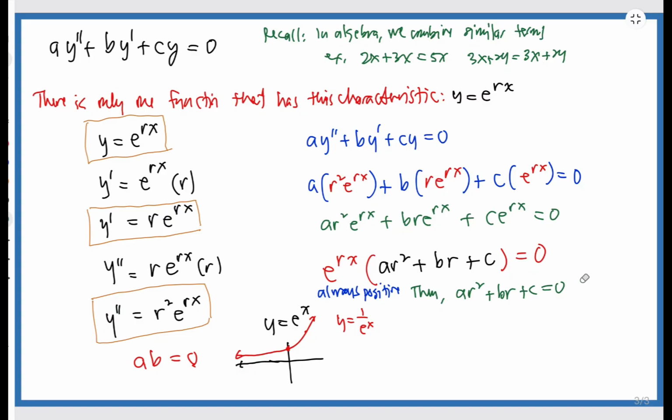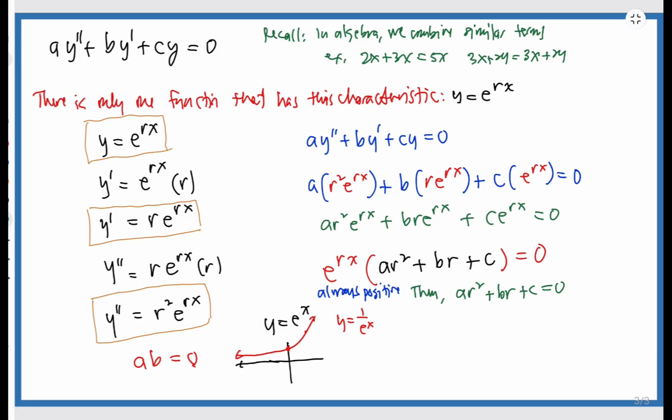This is just a quadratic equation. Given any quadratic equation, you can always solve it by using the quadratic formula.